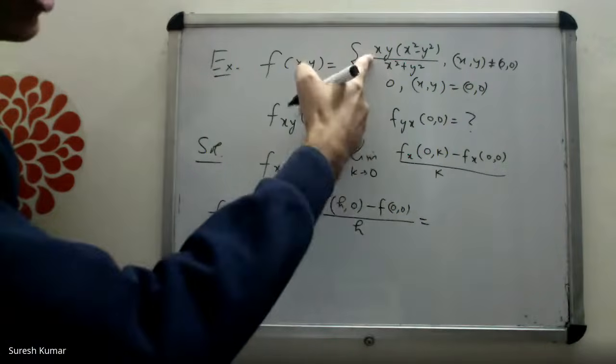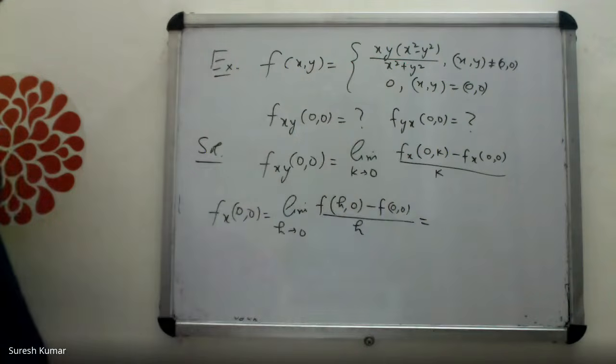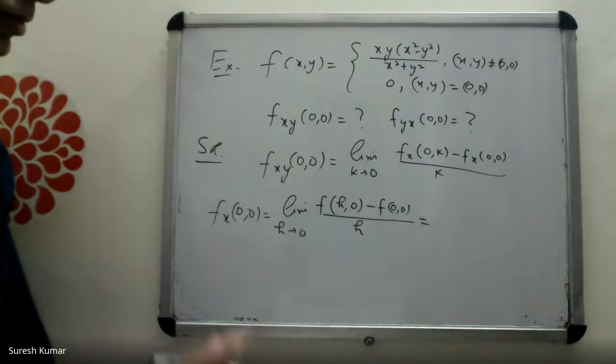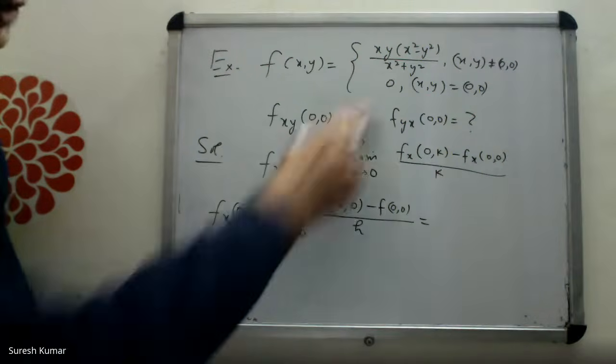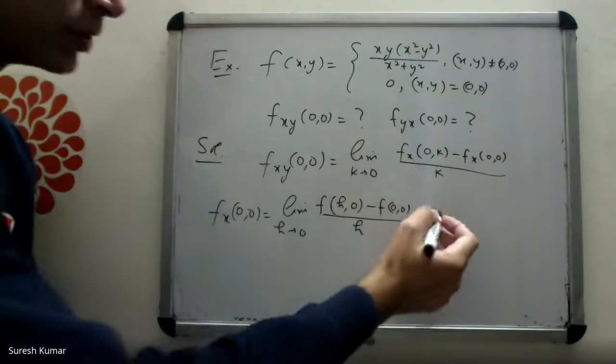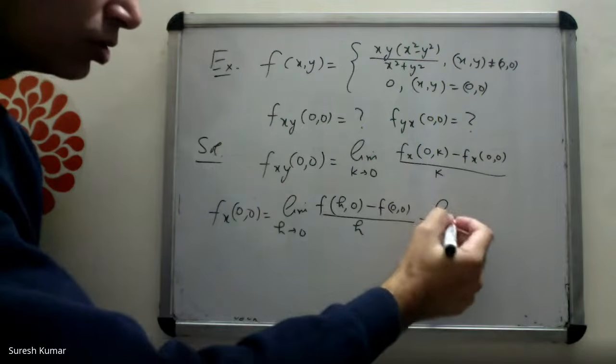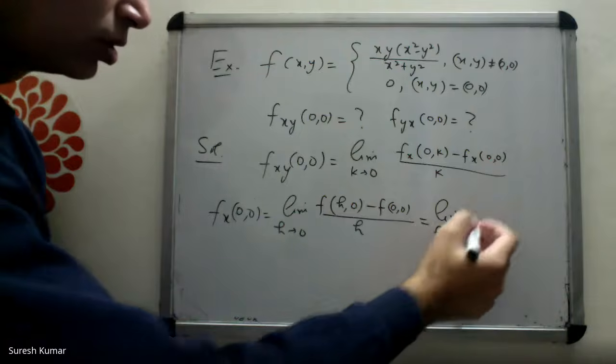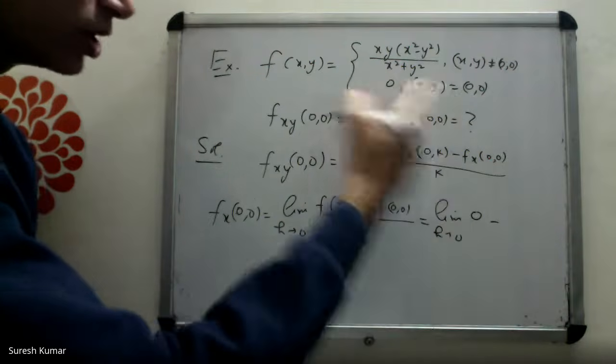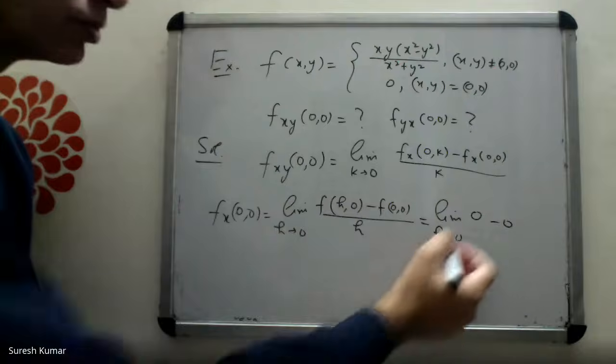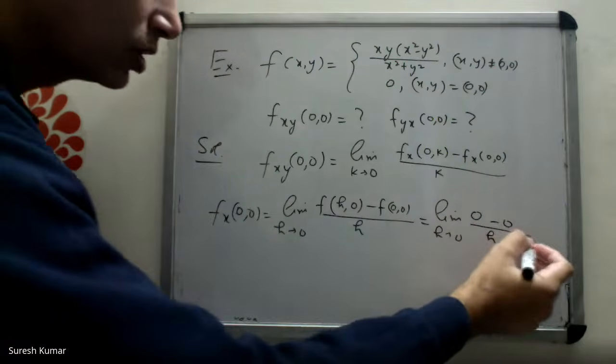What is f at (h,0) from this? Clearly 0. Minus f(0,0), which is also 0, divided by h. So you get 0.